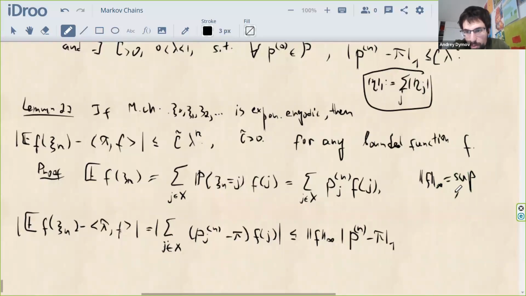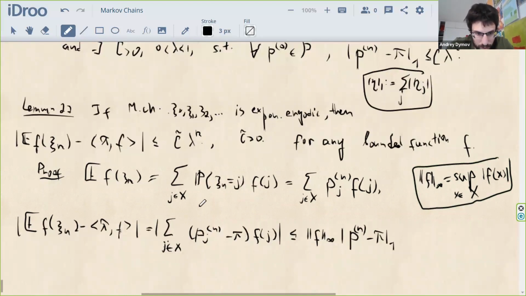So this is a supremum over all states of the absolute value of the function f. Well, look, then this trivially holds, right? But this is bounded by the exponential ergodicity by a constant times lambda to the power n. So I've computed my c tilde, which is just the constant c times the sup norm of the function f.